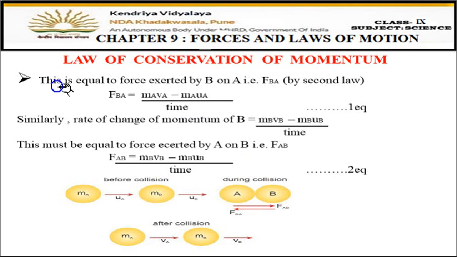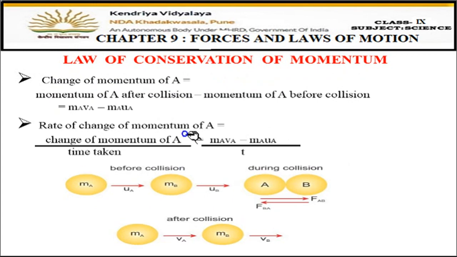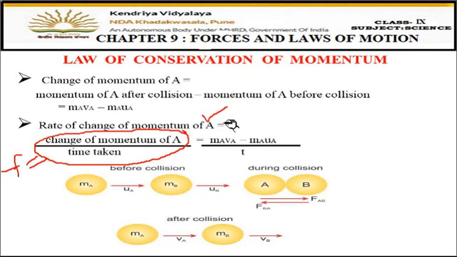Now we all know that this is equal to the force applied. Rate of change of momentum means change in the momentum of A upon time. This is equal to force, as we have studied in Newton's second law of motion. This force is applied by ball B, because we are studying the change in the momentum of A. Why did the momentum of A change? Because ball B has applied some force on it.